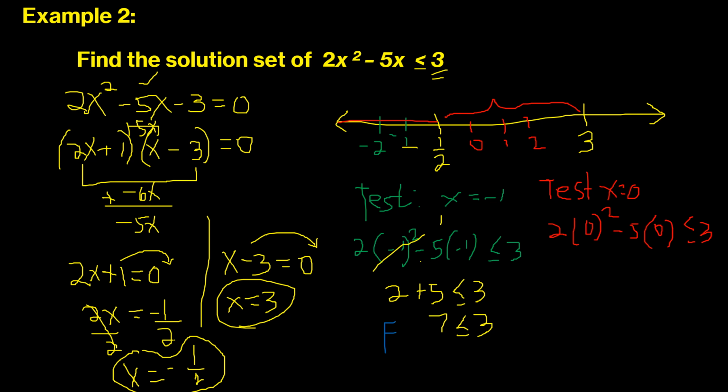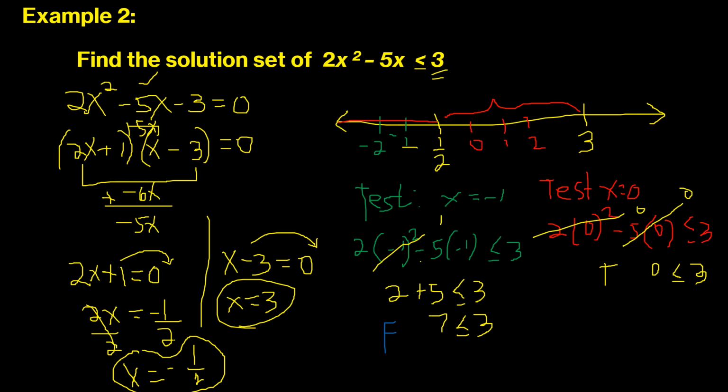And a number multiplied by 0 is still 0. So this is as good as 0. And negative 5 times 0 also is 0. So we have 0 minus 0 is still 0. So 0 less than or equal to 3. 0 is less than or equal to 3 is true.